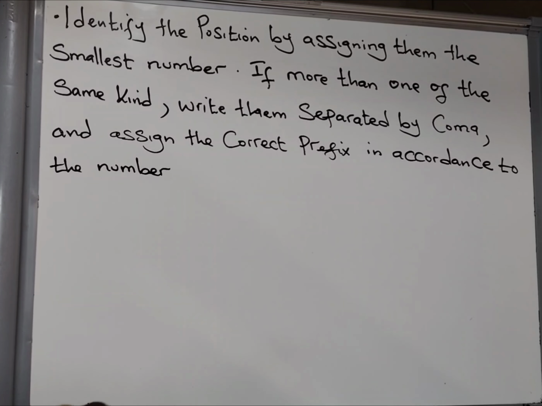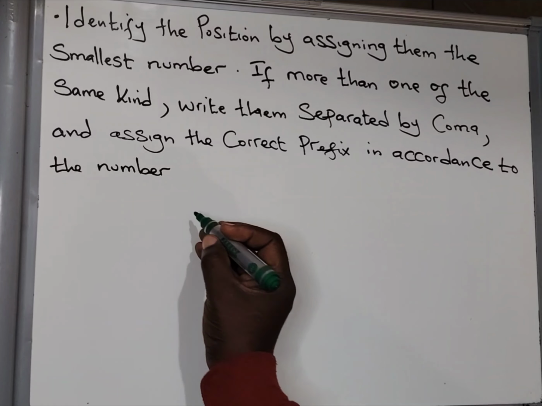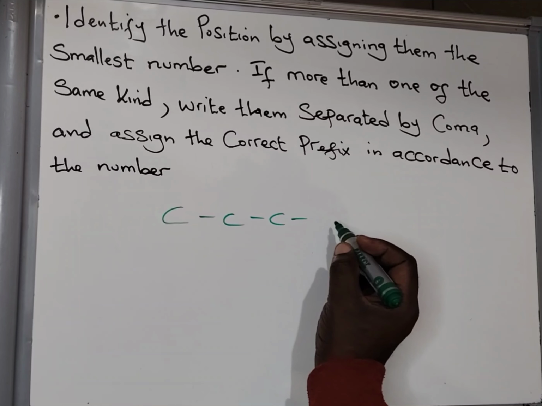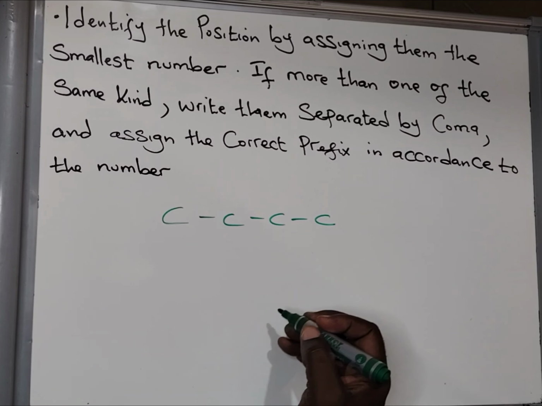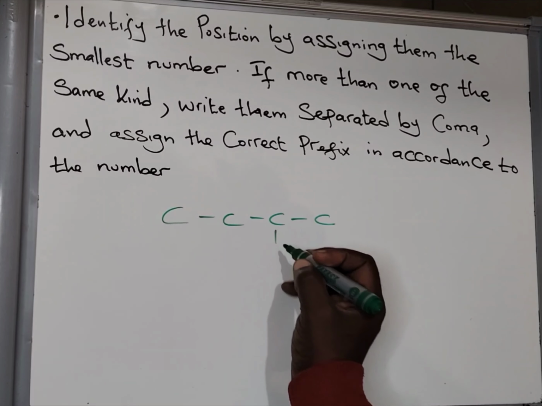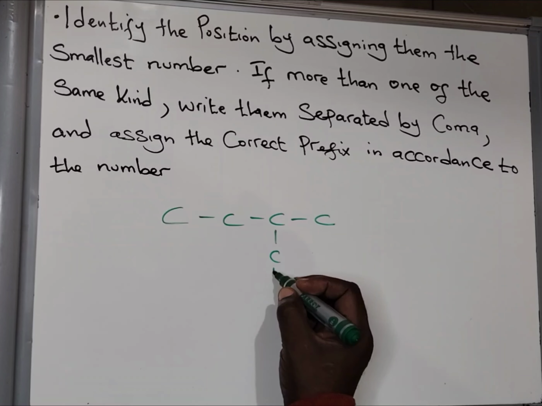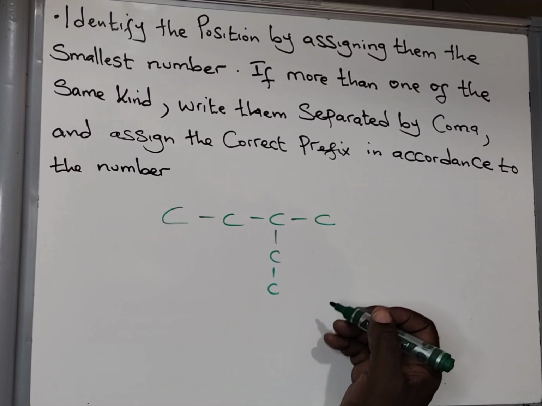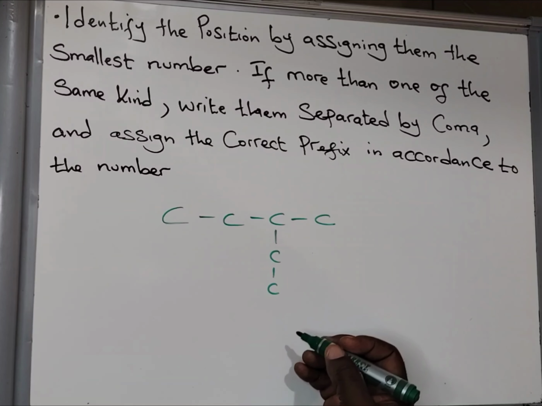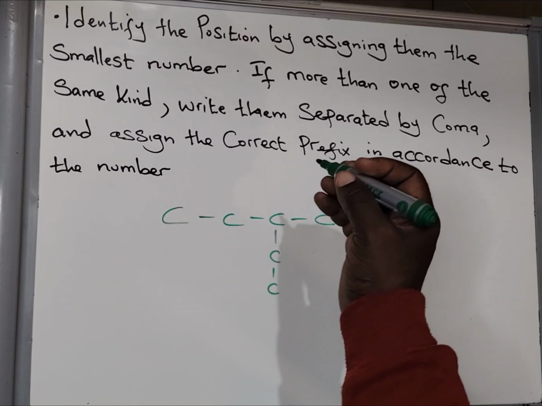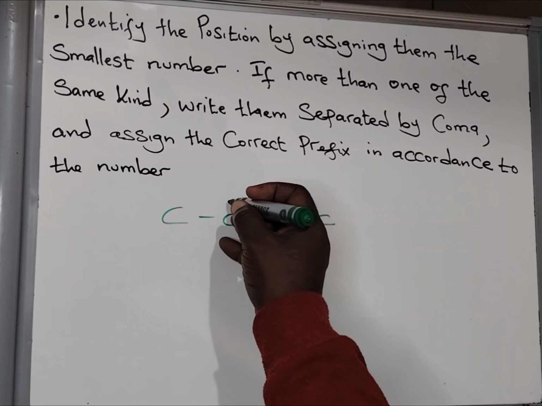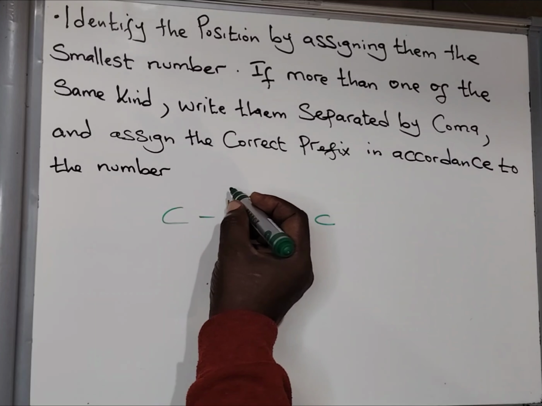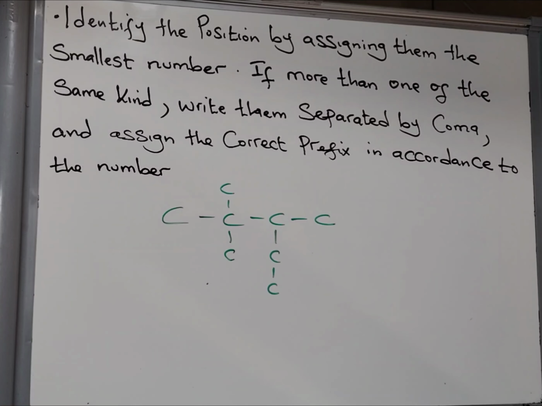One more example for emphasis here. Suppose you have another one here like that, and let's make this one like that, and you have another one here and another one here. Suppose these are branches.